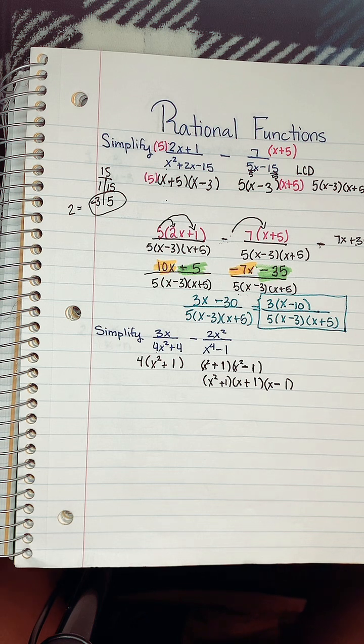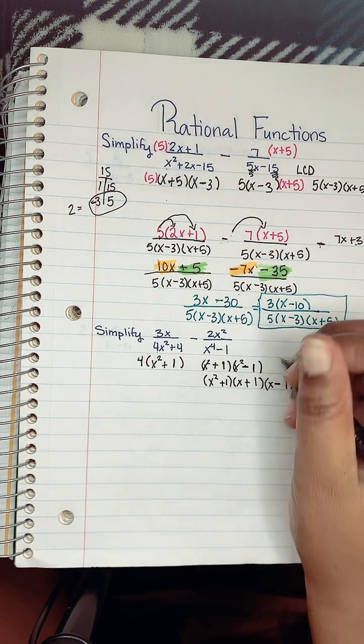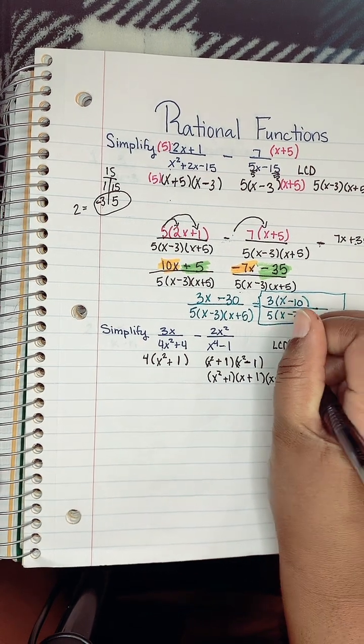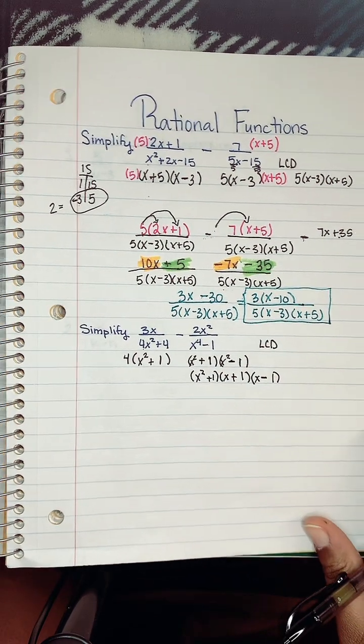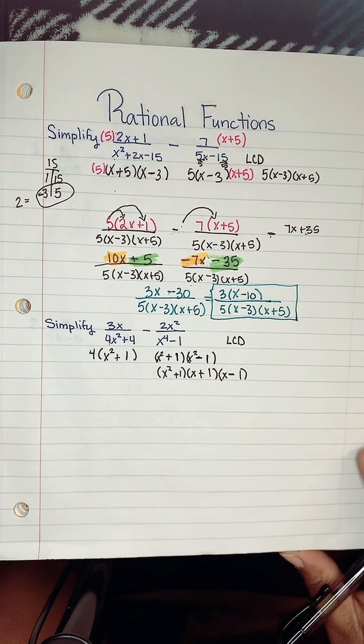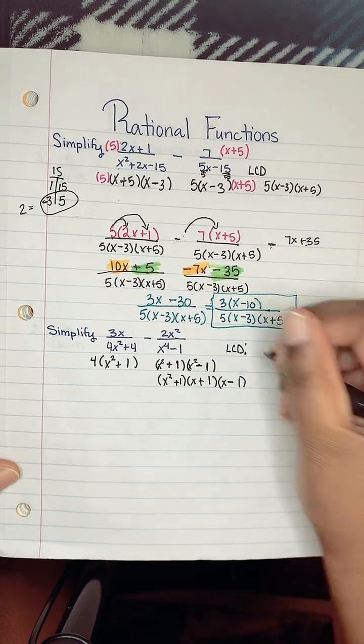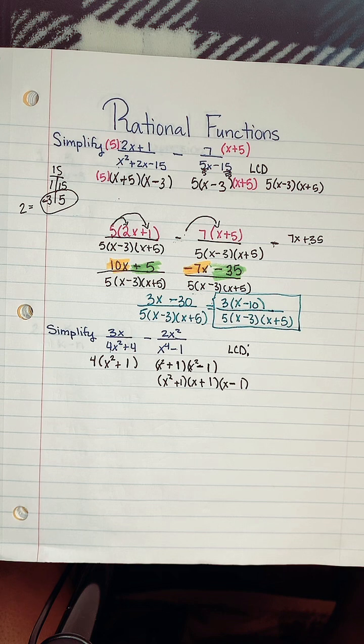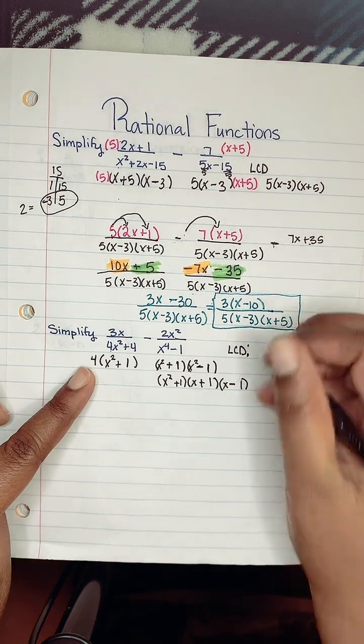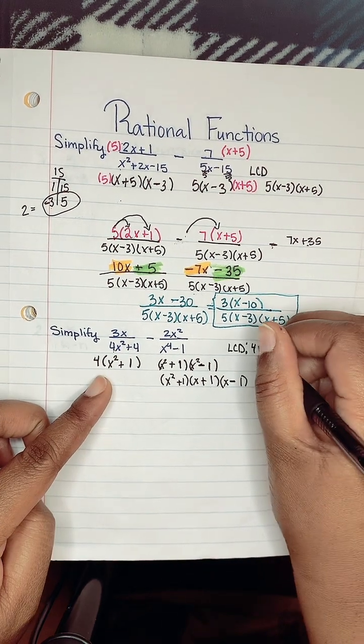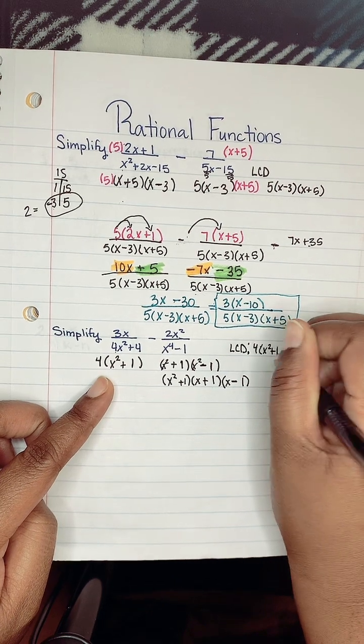So now we have to come up with our LCD, okay? Our least common denominator. Remember, when you're trying to find that least common denominator, you need to take everything, okay? So we're going to take the 4 that we got here. We're going to take this x squared plus 1.